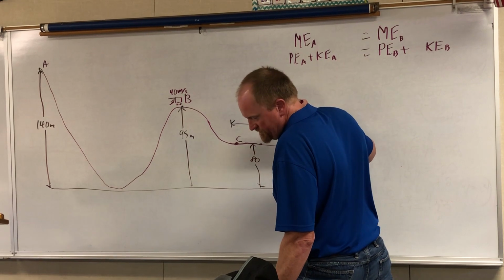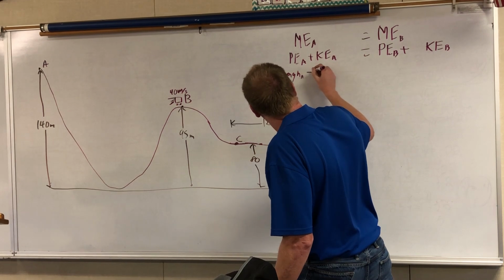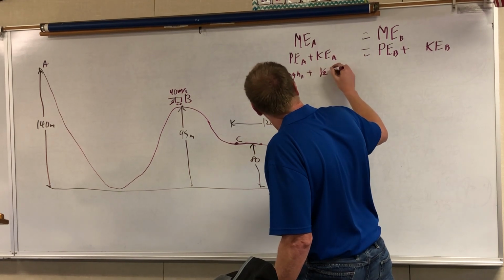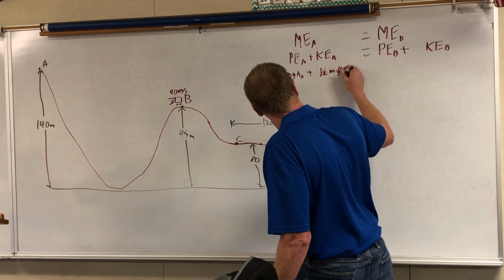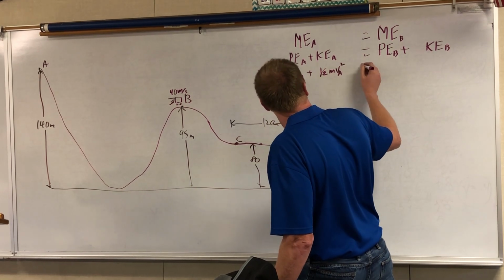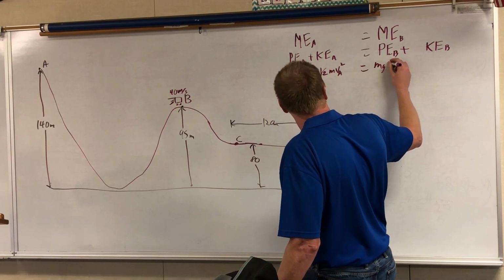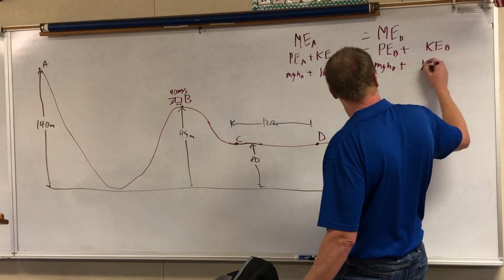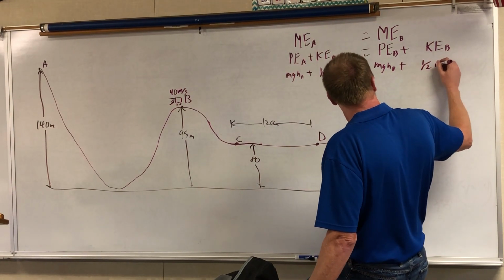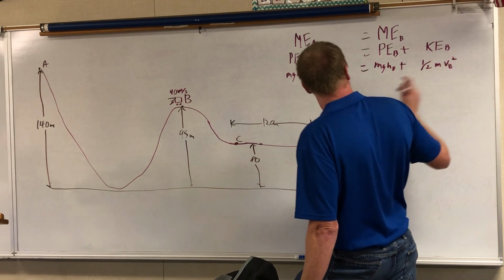Okay, so potential energy is mgh at A plus 1/2 mv, velocity at A squared, is equal to mass times gravity times the height at B plus 1/2 the mass times the velocity at B squared.